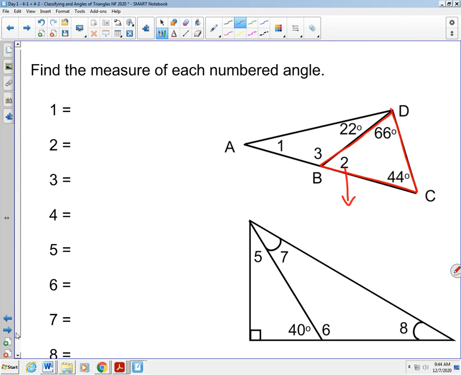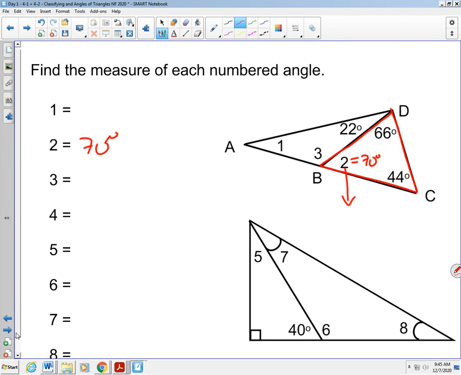Okay, the three angles add up to 180 degrees. So 66 plus 44 would be 110, and 110 plus angle 2 should equal 180 degrees. So this is 70. Okay, so angle 2 would be 70 degrees.